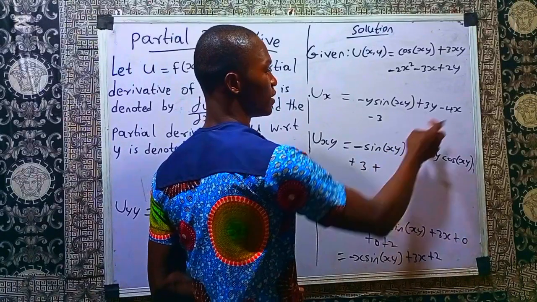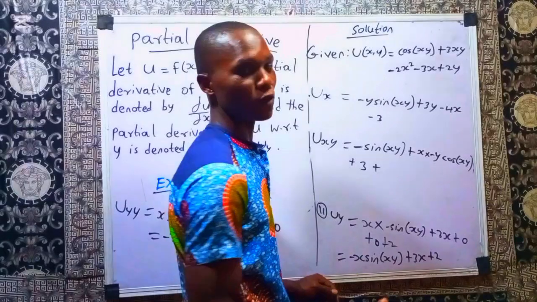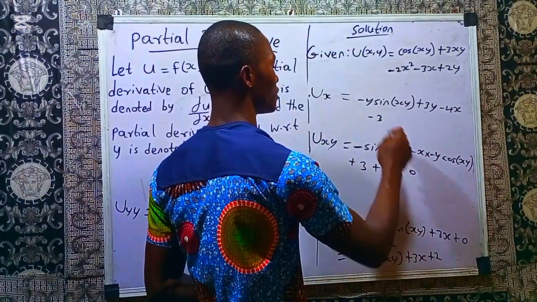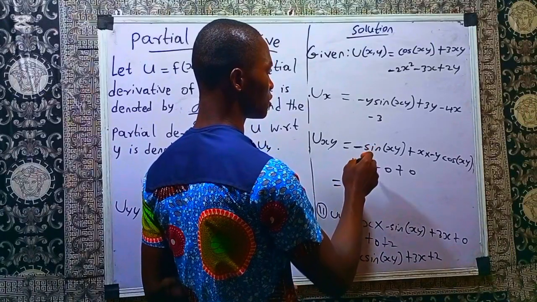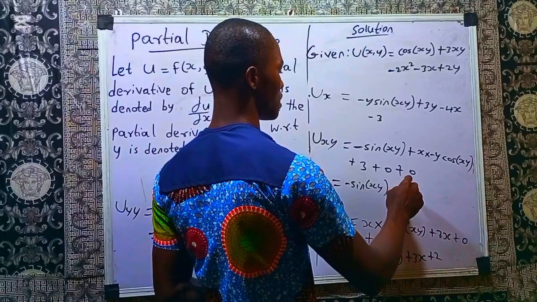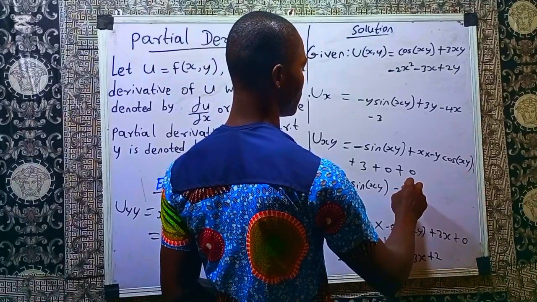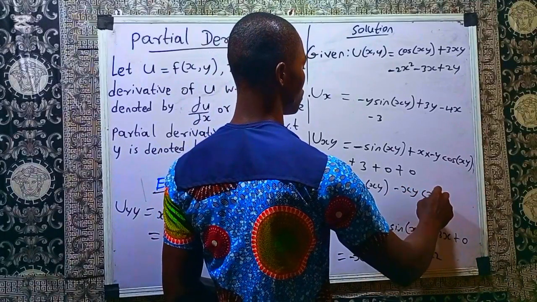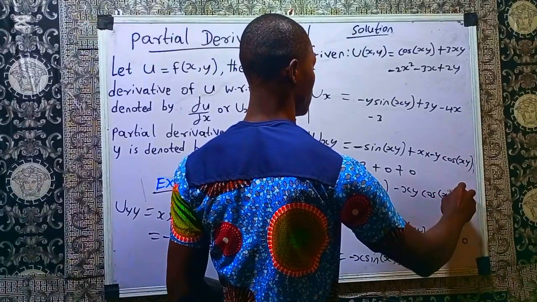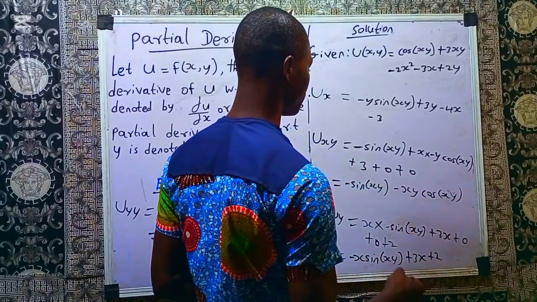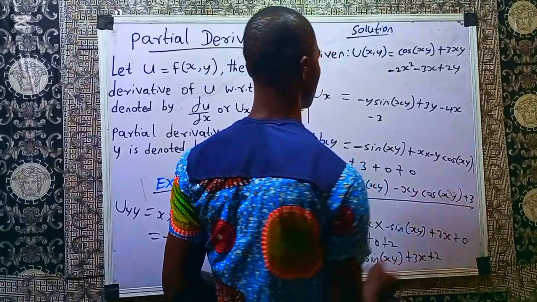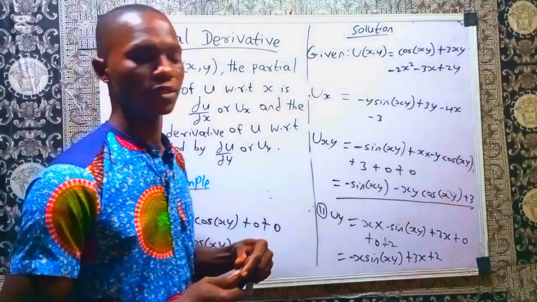What's the derivative of negative 4x with respect to y? Y is not there, so this derivative will be 0. What's this derivative? 0, because they're constant. So this will just give you negative sine xy, negative xy cosine of xy, plus 3.